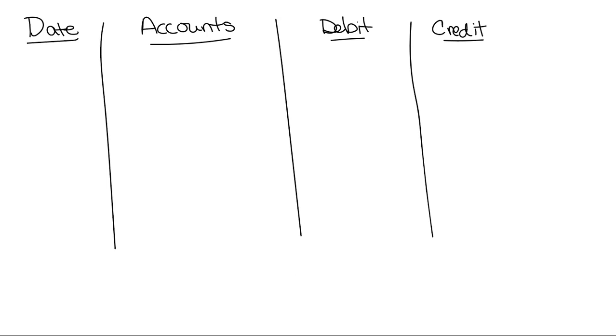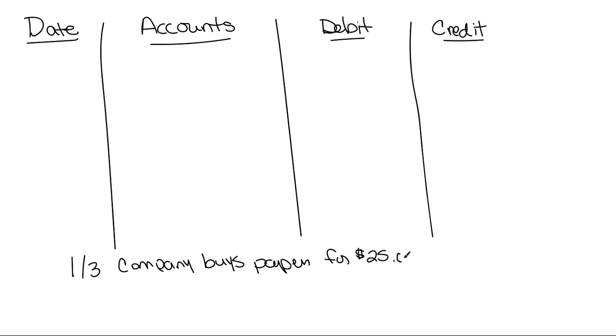So let's write one. I think that's probably the easiest way to figure this out. Let's say I'm going to scribble some notes down here. On 1-3, company buys, let's say, paper for $25.